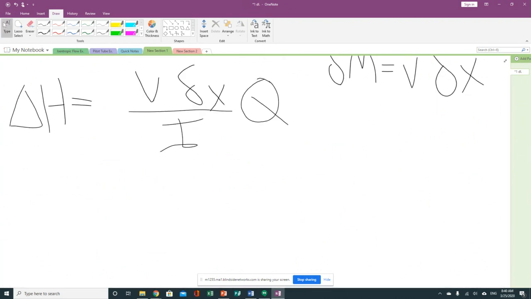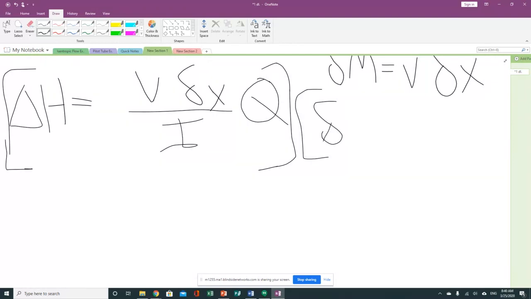Part the first. Next step, I know stress is force over area. So if I want to get a stress on my left-hand side, I have to divide by area at some point here. So I'm going to multiply by one over an area.